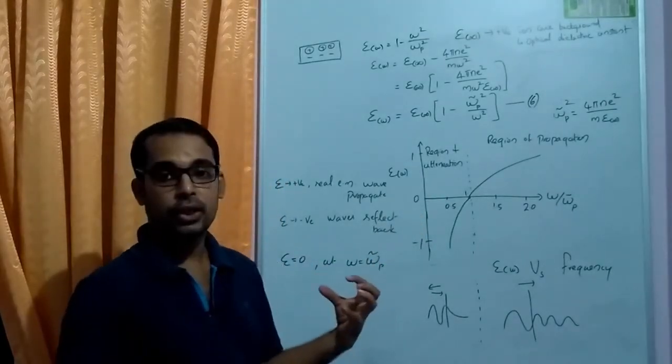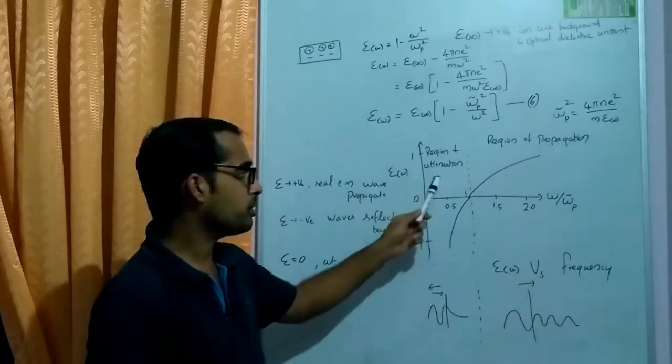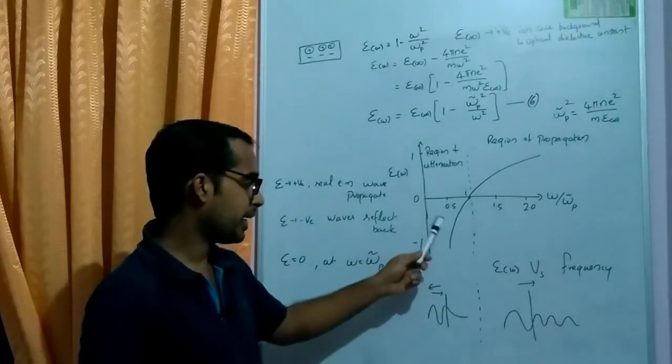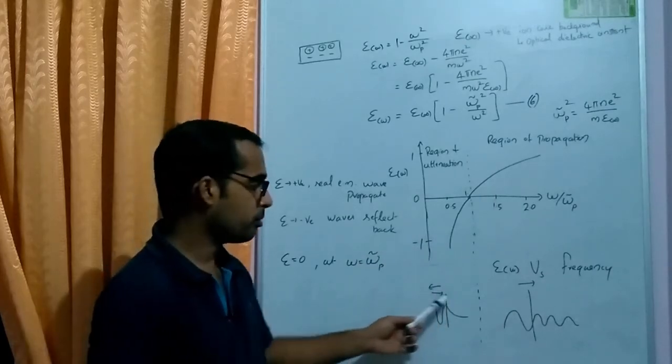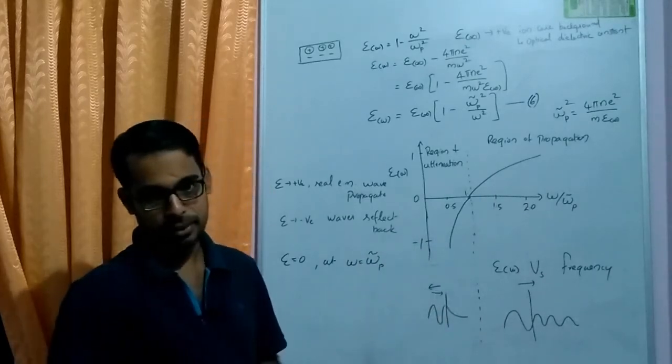When the electromagnetic wave passes through this epsilon-negative medium, it will be attenuated, so the wave will be reflected back.